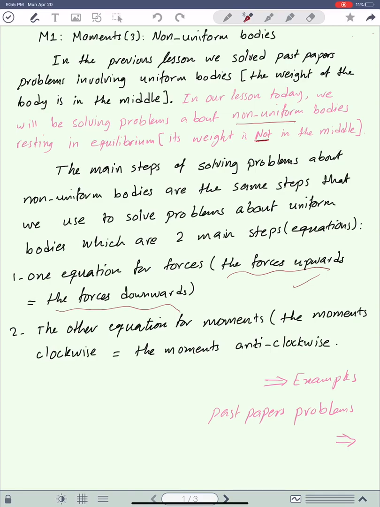Second equation, to remind you quickly, is the equation about the moments taken about a point. The moments anti-clockwise equal the moments clockwise. Okay, what's the difference? Let's see the difference between non-uniform bodies and the uniform bodies that we did last time.